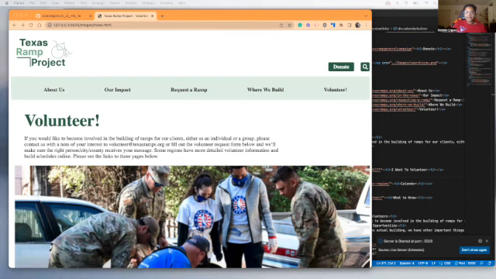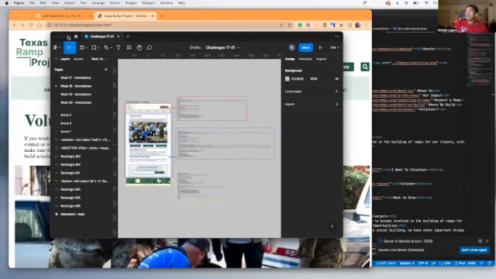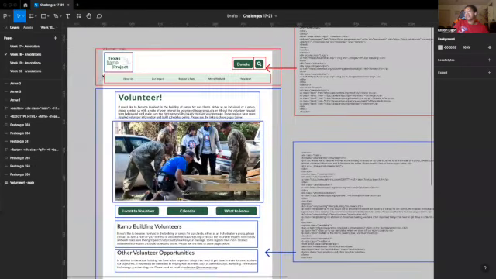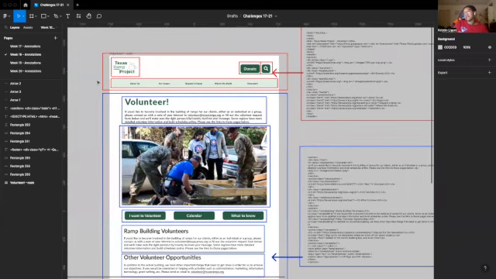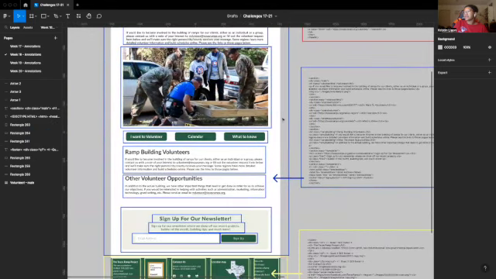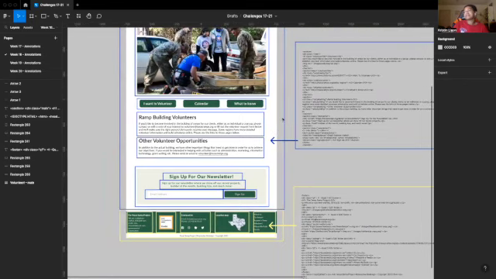I'm going to pull it up. Let me see if I can find it on here. Okay, so this was the original Figma file that we had to recreate for week 18. And you can see here I did some annotations prior to even starting because I wanted to figure out what my header was and what the different sections were that I needed to include within my HTML and CSS documents.